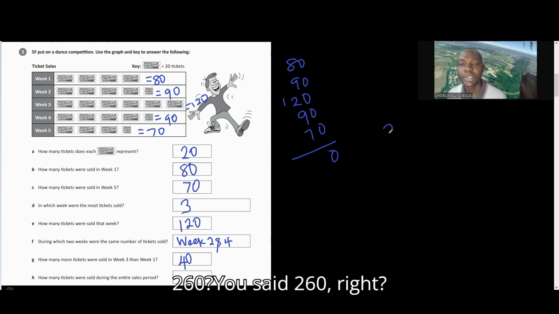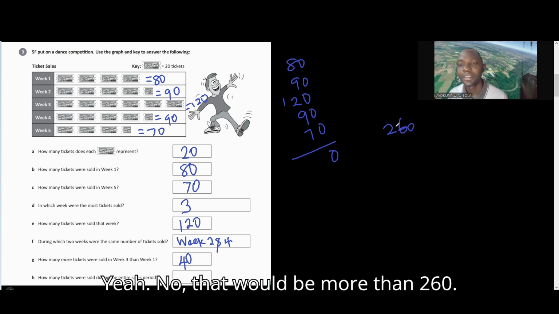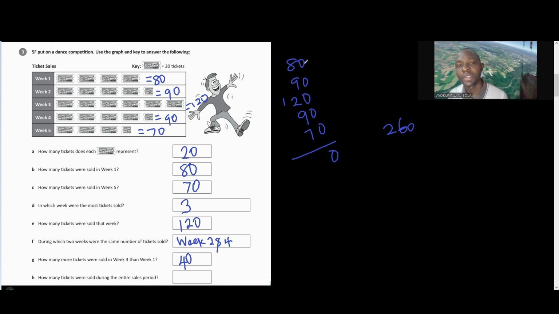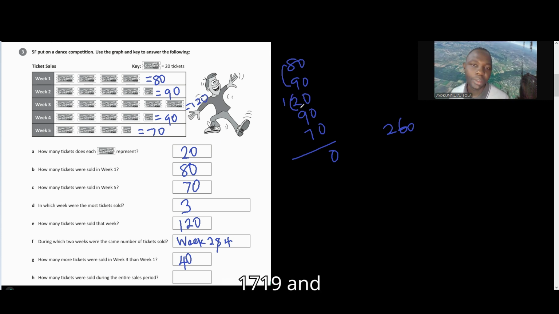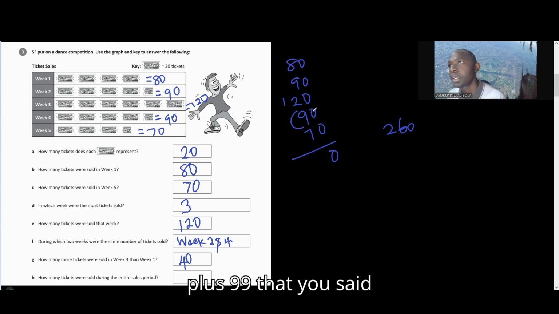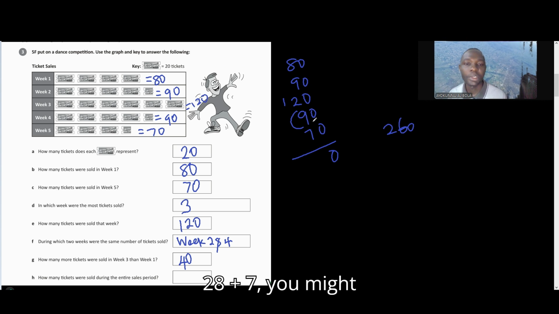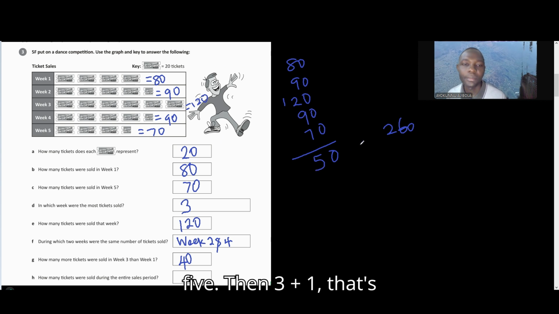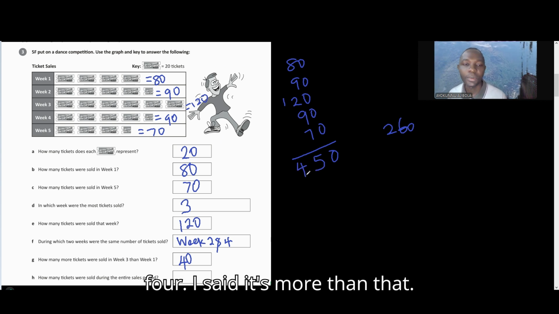You said 260, right? No, that would be more than 260. So 17, 19, and plus another 9. That is 28 plus 7, 35, get 5. Then 3 plus 1, that's 4. I said it's more than that.